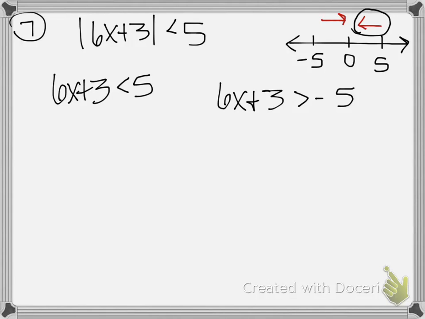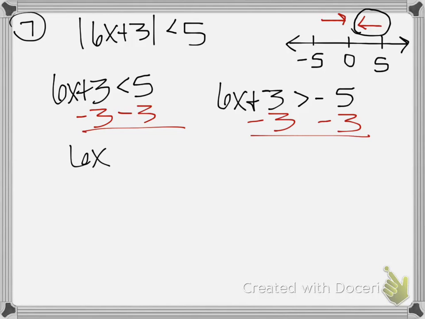So I'd have to subtract 3 from everything. And I'm going to end up with 2 answers in the end. So 6x is less than 2. 6x is greater than negative 8. And divide by 6.